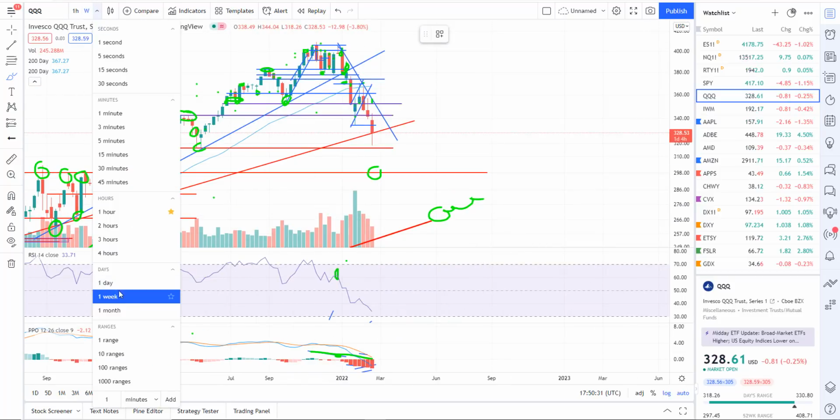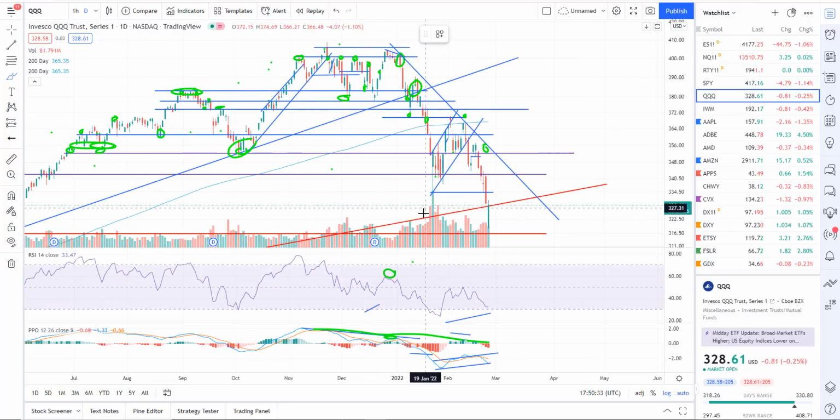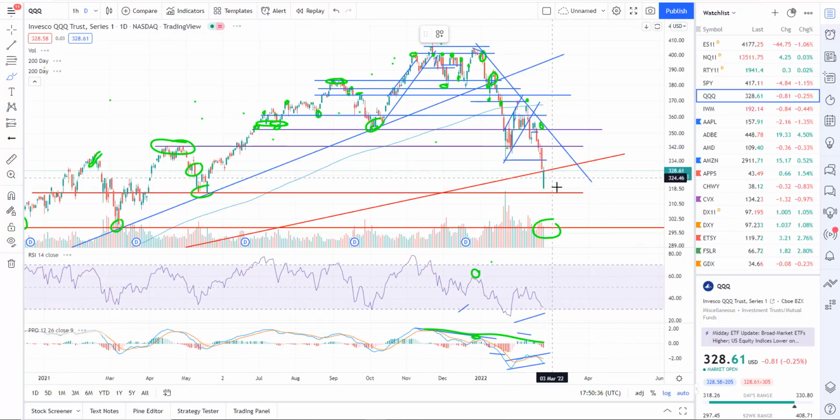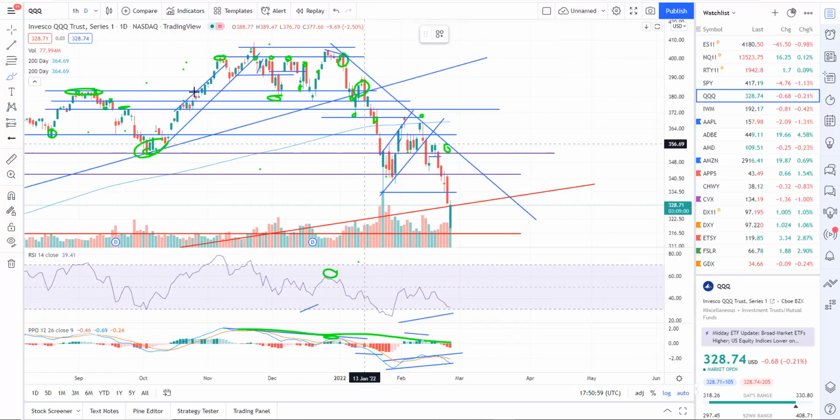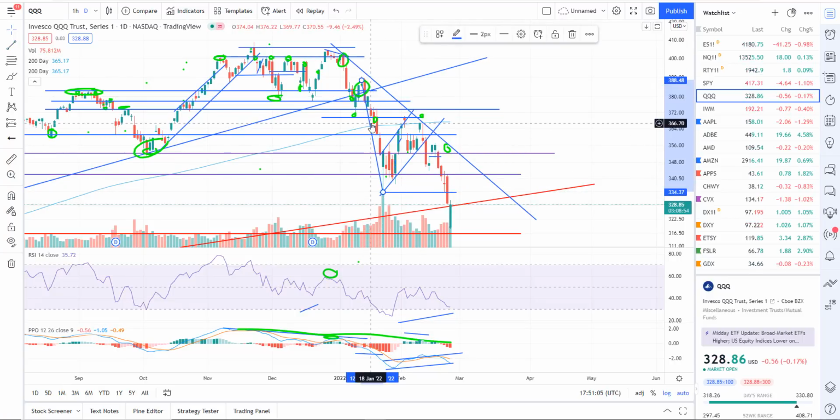The other thing is on the daily, we did hit or came very close to this support level I talked about, 316.24. They stepped in a little bit early and started to buy it up right there. That really came from the bear flag that I've had marked out on the daily chart. You can see here's your flag pole, and then we did the flag there. Then you take that flag pole and move it to the high end of the flag, right where it breaks down.